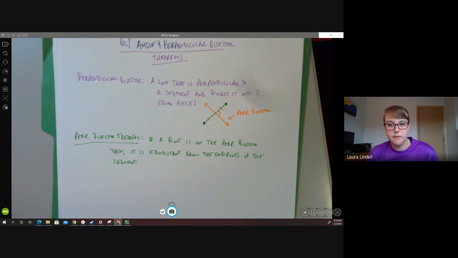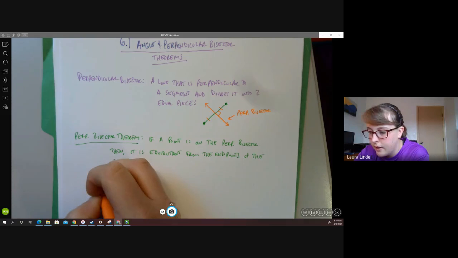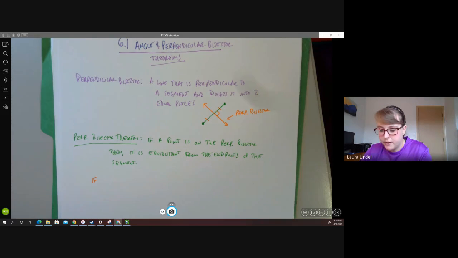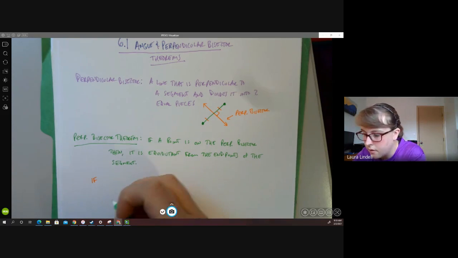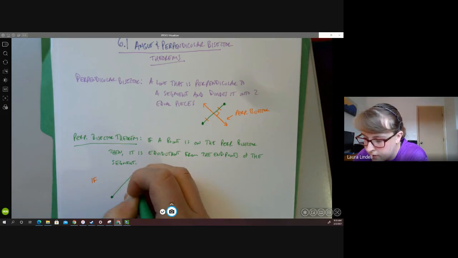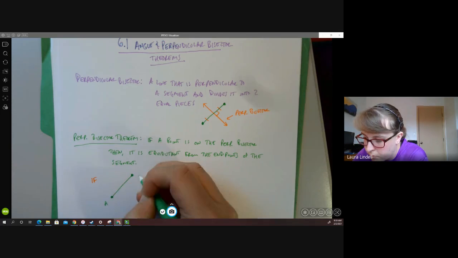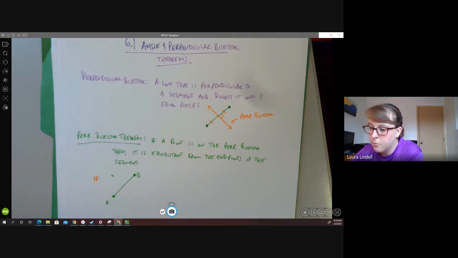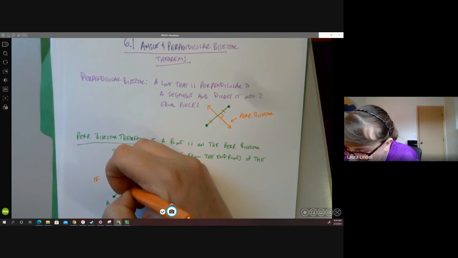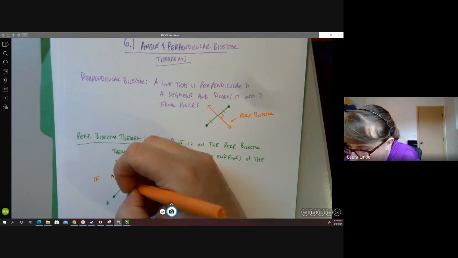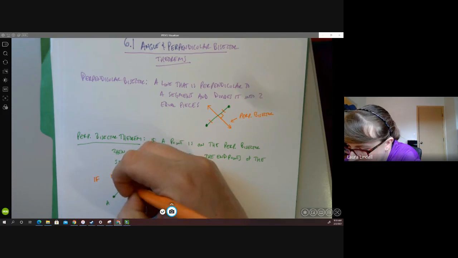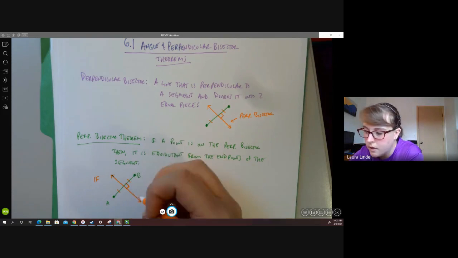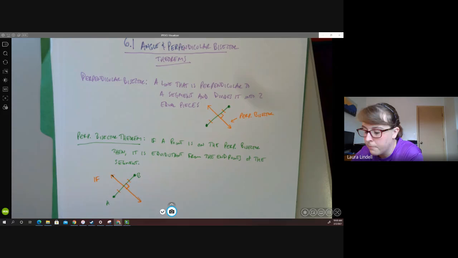So what this means for us, we're going to draw a picture of what happens here. If we have a picture like this, where we have a segment, we'll call these points A and B, and then here's our perpendicular bisector. And there's some point on the perpendicular bisector.